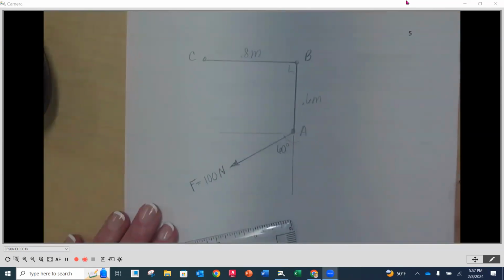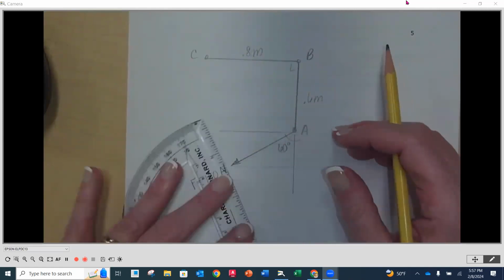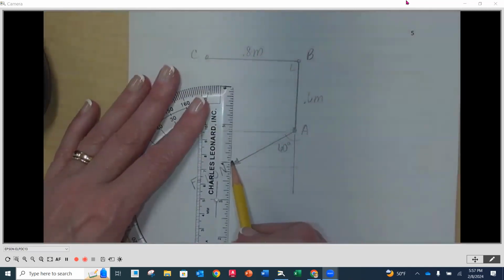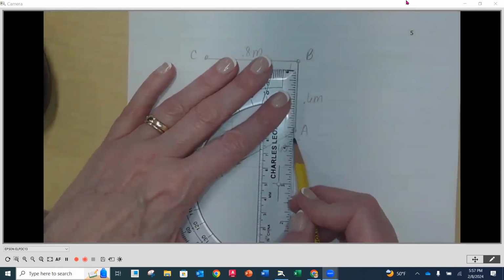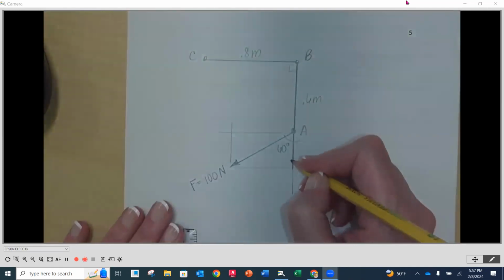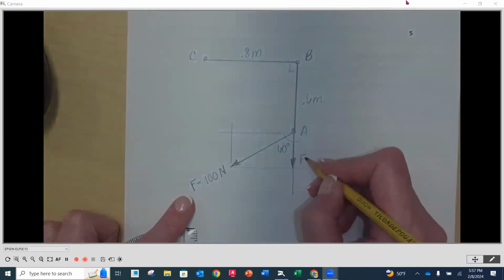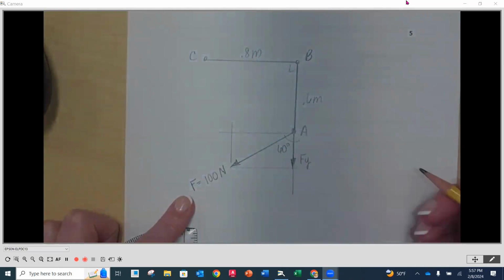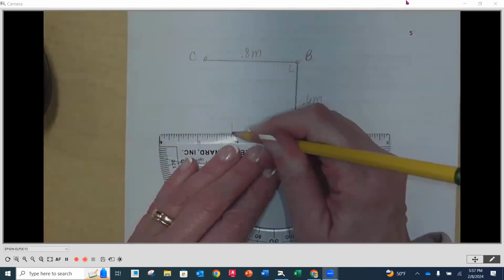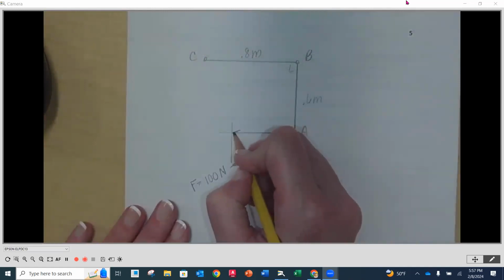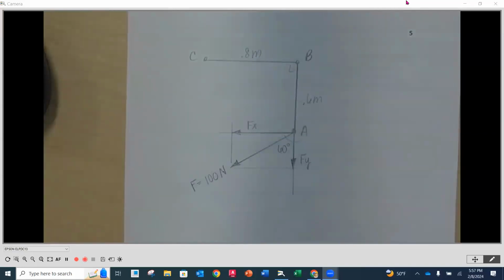60 degrees. So we want to break this into its X and Y components. And along the X and Y axes, we're going to draw. Now they're calling this F, so we'll call this FY, okay? And it's going to be pointing down. And then FX is going to be pointing to the left. This is FX.